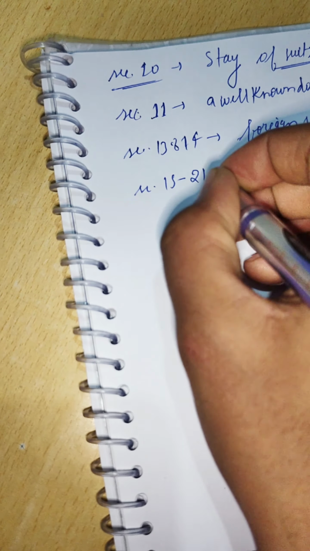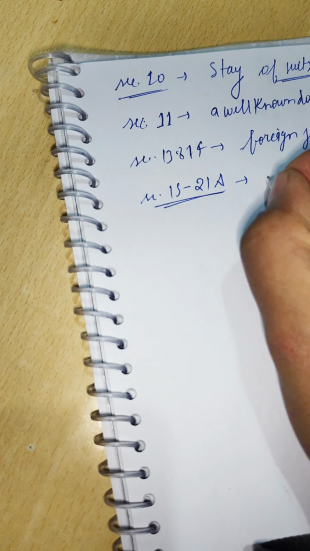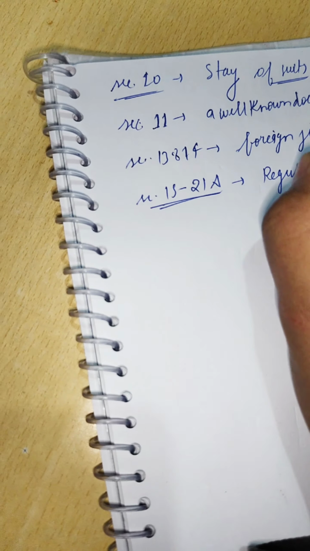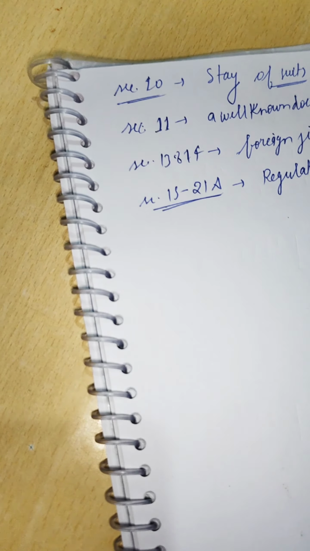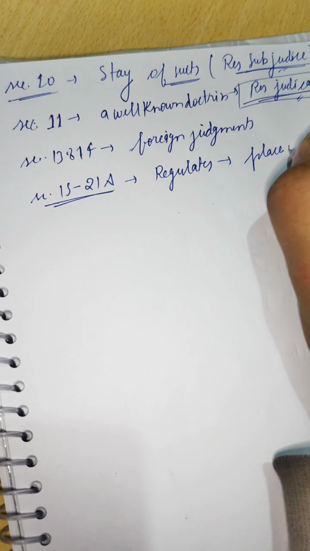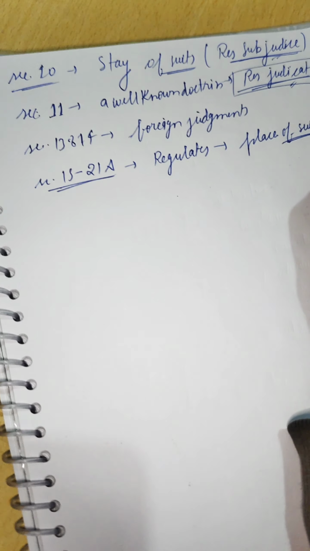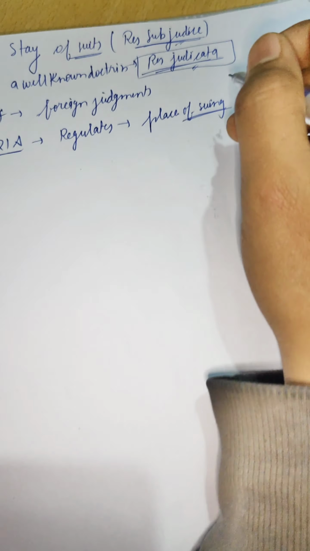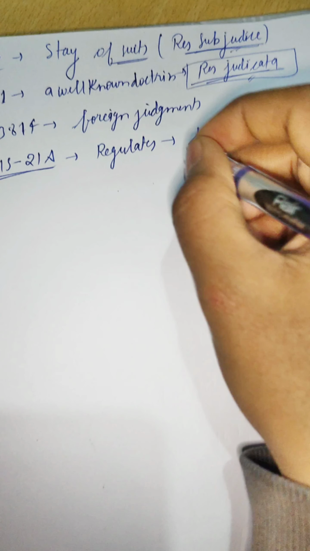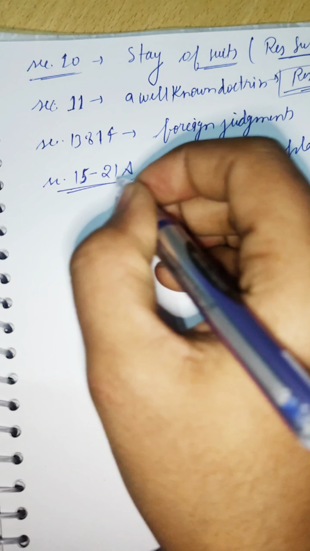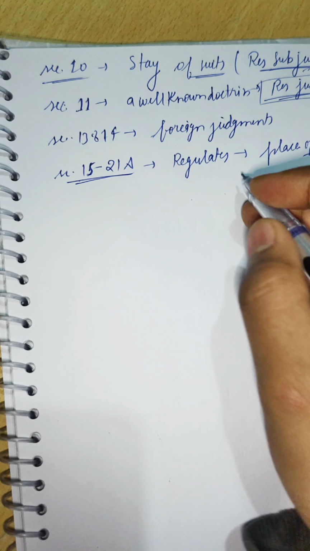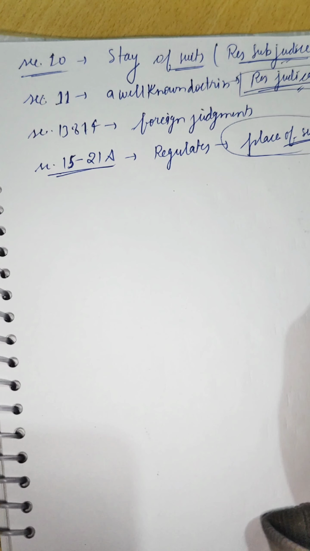Section 15 to 21A regulates the place of suing, so where a person can file a particular suit in court. Okay, so sections 15 to 21A deal with the place of suing.